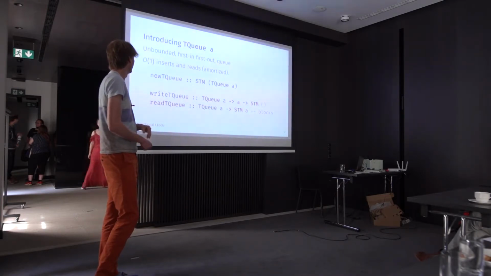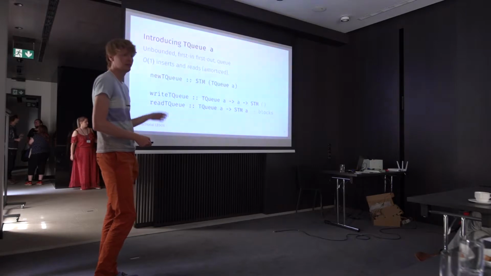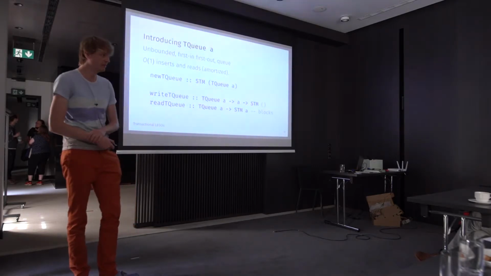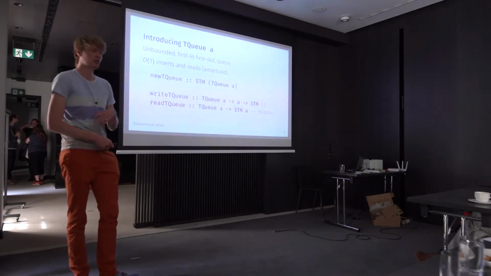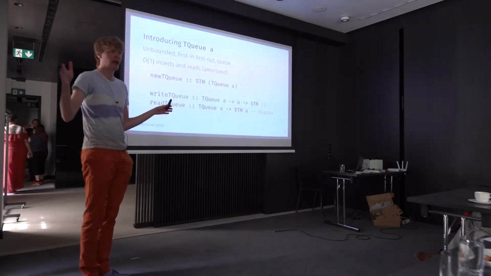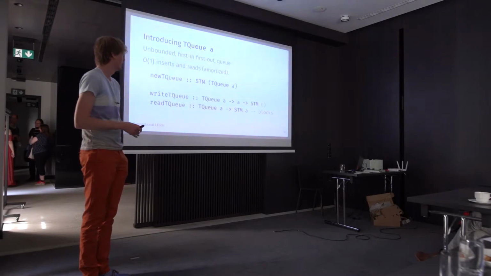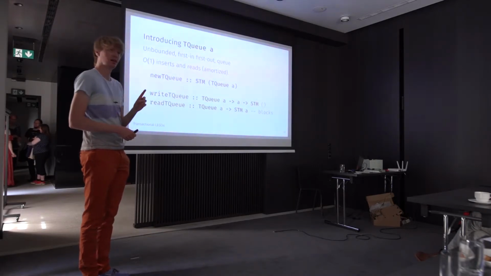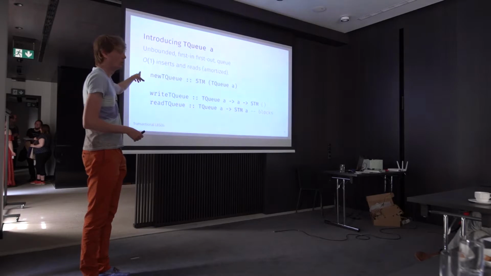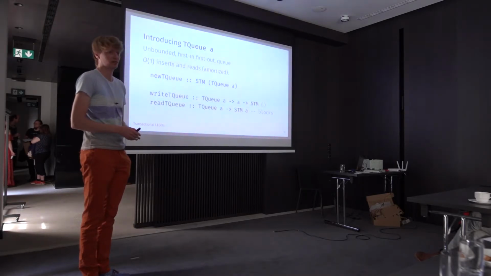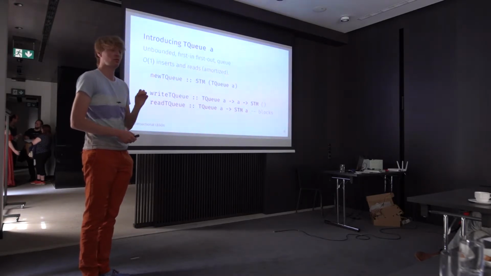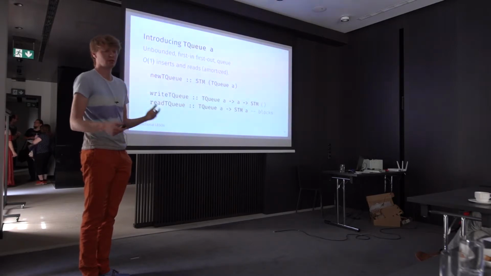These have order 1 inserts and reads, but it's amortized, which means generally over a sequence of n operations, each individual operation on average has, worst case, sorry, has O(1) complexity. But single individual operations might have larger complexity.